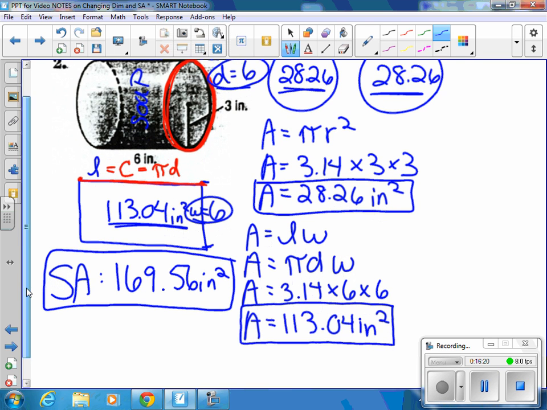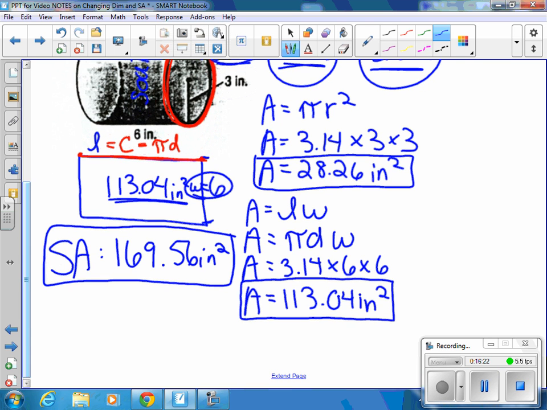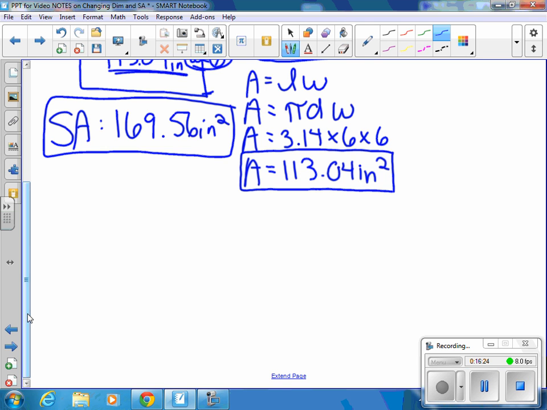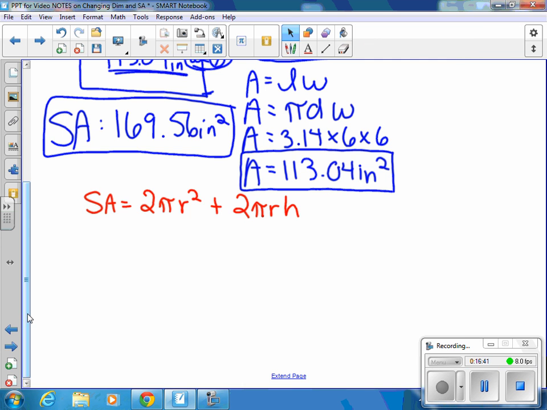Now, again, if you wanted to, you could use the formula that's right on your formula sheet. And this is what the formula is. Surface area equals 2 pi r squared plus 2 pi r h. What we're looking at here is this pi r squared.